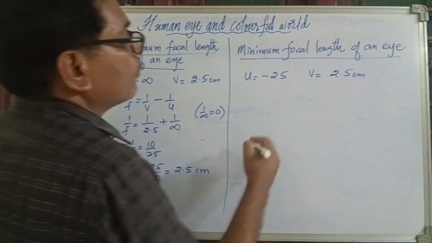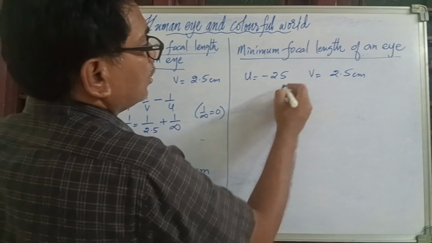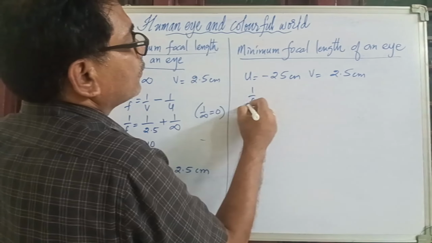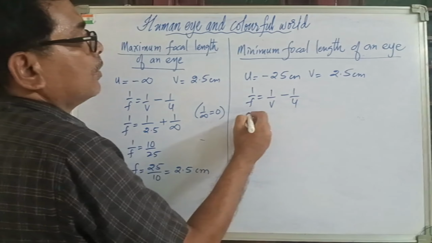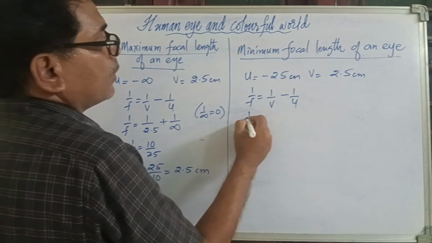Now coming to the minimum focal length of an eye, u is minus 25, and u is always minus, so 1 by f is equal to 1 by v minus 1 by u. 1 by v is 1 by 2.5, plus 1 by 25. So 1 by f is equal to 10 by 25 plus 1 by 25.